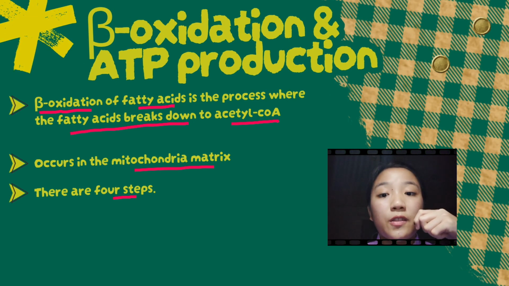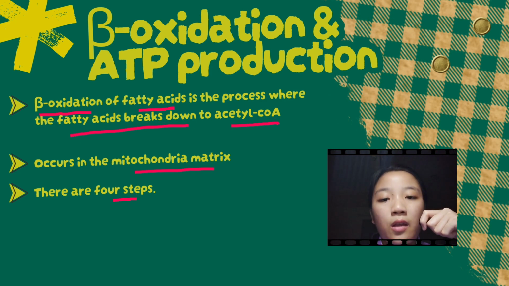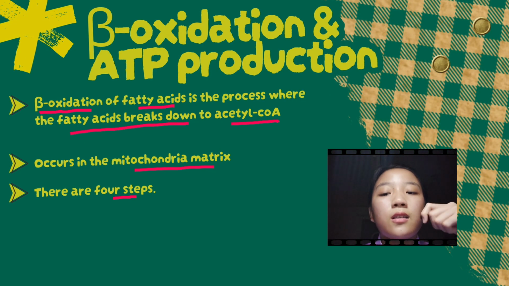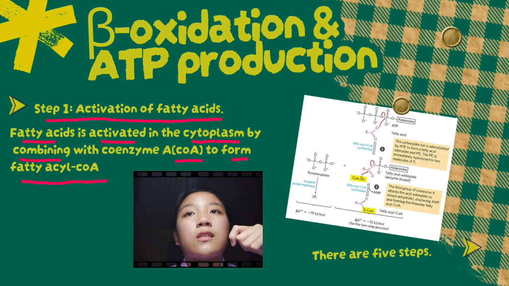Next is the beta oxidation process. This is the process where fatty acids are broken down into acetyl-CoA to produce energy. This process occurs in the mitochondrial matrix. First, fatty acids are activated in the cytoplasm by combining with coenzyme A, or CoA, to form fatty acyl-CoA.